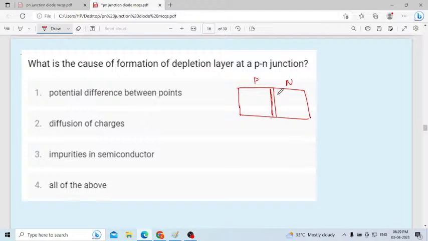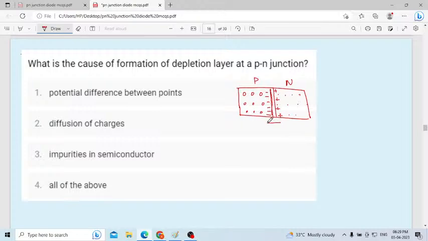Don't worry. Here the electrons are majority charge carriers. Here the holes are majority charge carriers. Then the electrons will move across, therefore positive charge will form here. Here the negative charge forms because the holes will accept electrons.